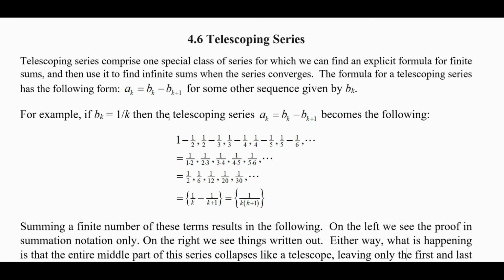So to get the first term of the series, a sub 1 is b1 minus b2. So that's 1 over 1, which is 1, minus 1/2. The next one will be b2 minus b3 for a2. So that'd be 1/2 minus 1/3. And then you get 1/3 minus 1/4, 1/4 minus 1/5, 1/5 minus 1/6, and so forth.